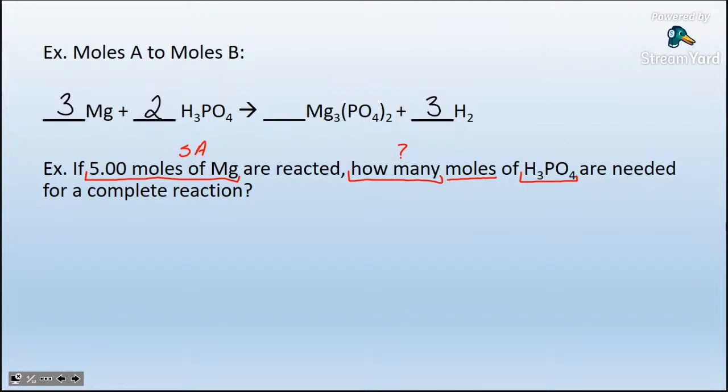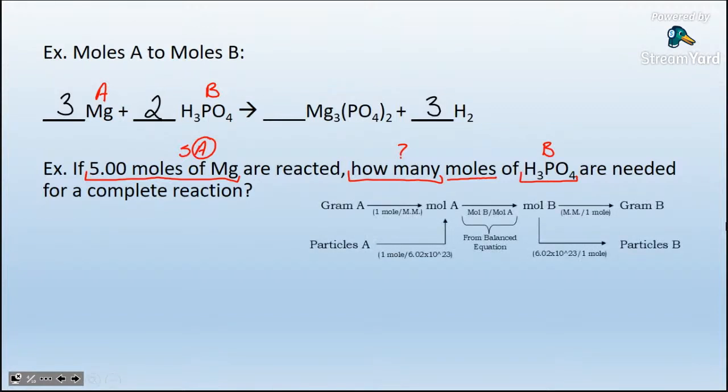So what I do is my starting amount, I call that substance A. What I'm trying to find, in this case H3PO4, that is my substance B. And I label those within the balanced equation, because when we go to look at the ratio of moles, it's going to be important that we know from the balanced equation what is substance A, what is substance B. So looking at the mole roadmap, again, we are starting at moles of A. This is our given amount.